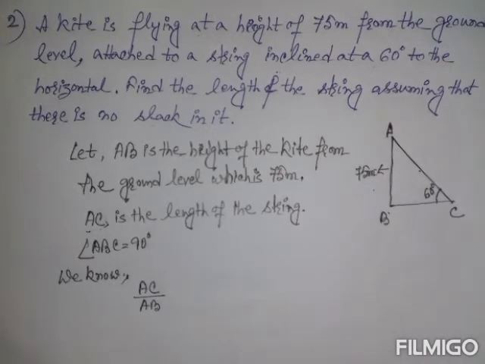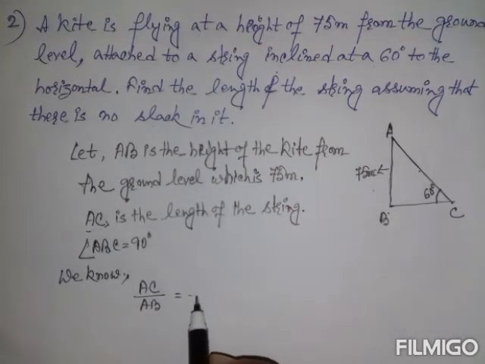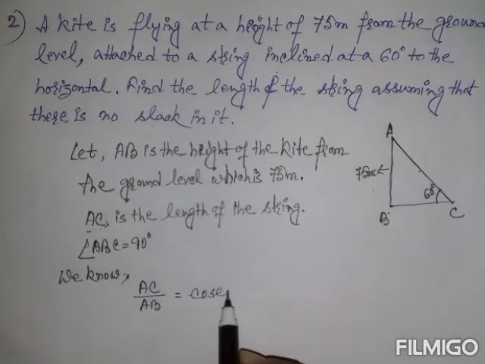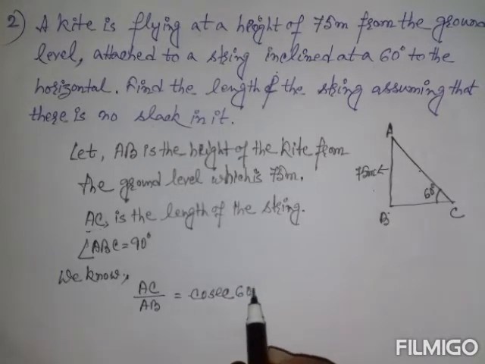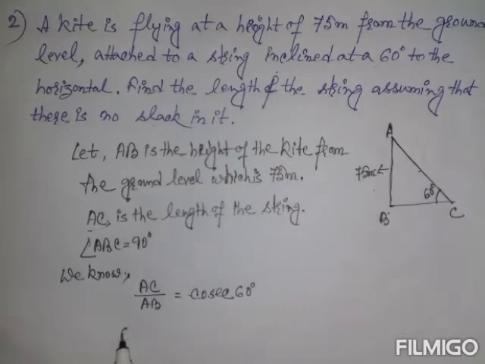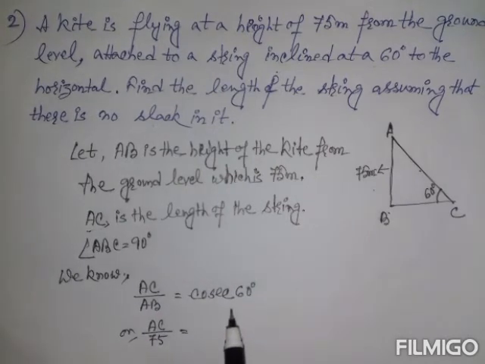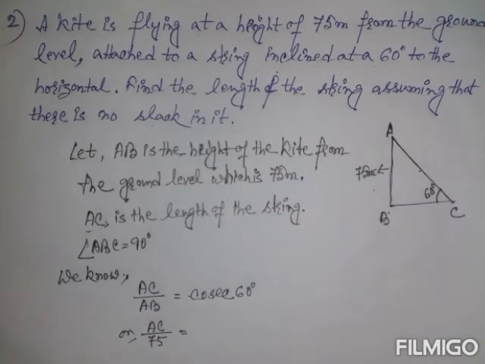So hypotenuse by perpendicular is equal to cosec, means cosec 60 degree. So now AC by 75 is cosec 60. Sin 60 means root 3 by 2.